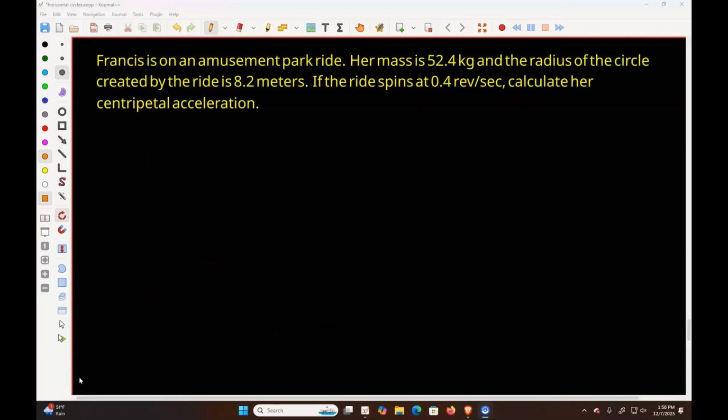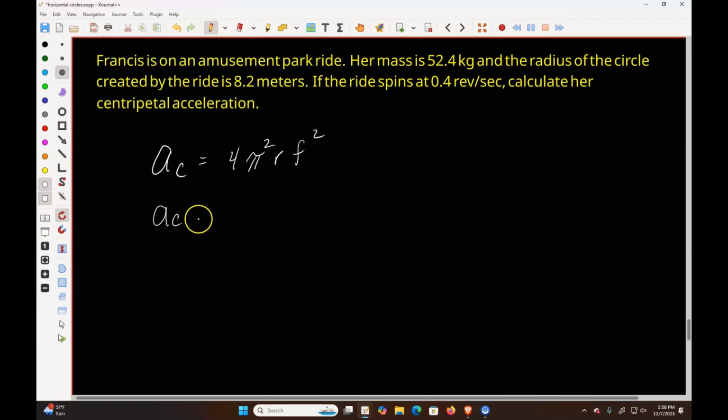Princess is on an amusement park ride. Her mass is 52.4 kilograms, and the radius of the circle created by the ride is 8.2 meters. If the ride spins at 0.4 revolutions per second, calculate her centripetal acceleration. Okay, so centripetal acceleration is going to be equal to 4 pi squared r f squared, because we're given frequency.